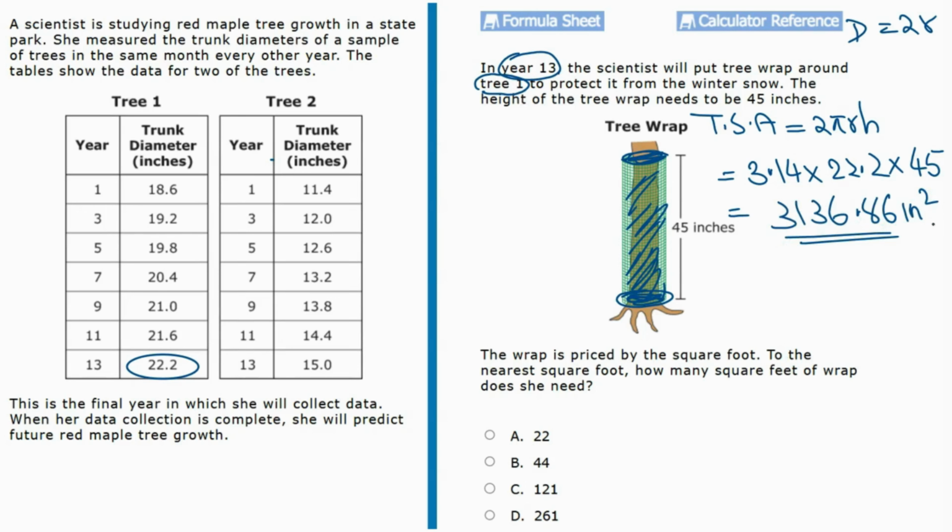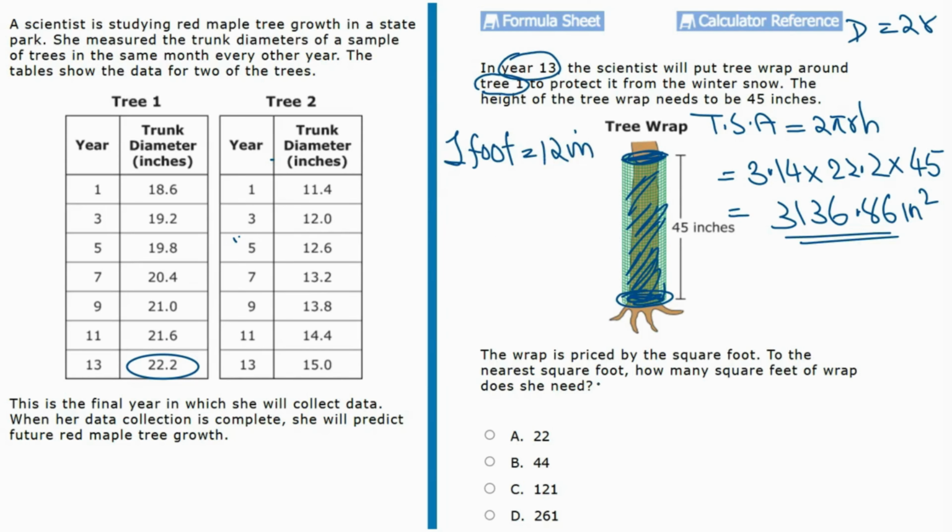So this one is in square inches, but you need the answer in square feet. So you need to know the conversion between inches and feet. So 1 foot is equal to 12 inches.